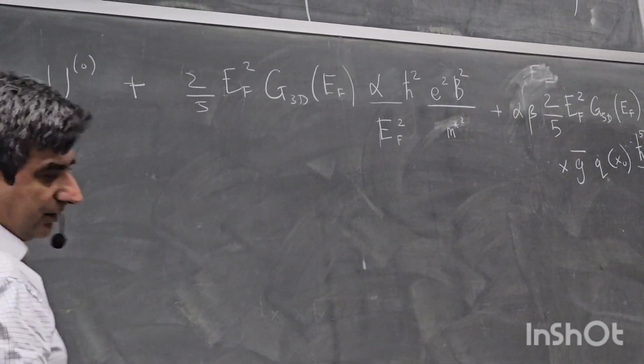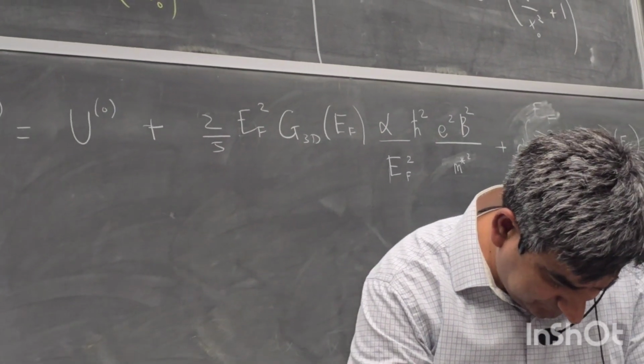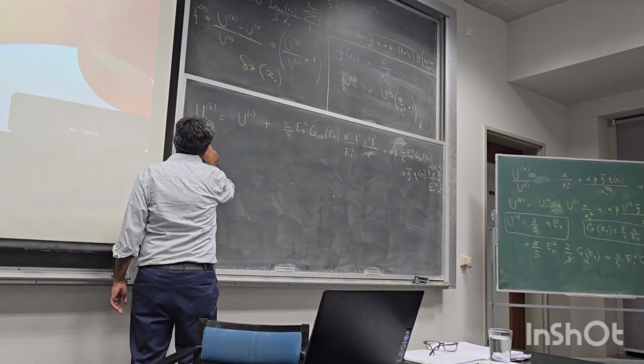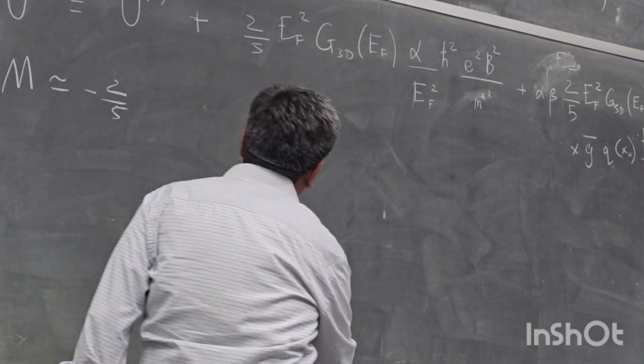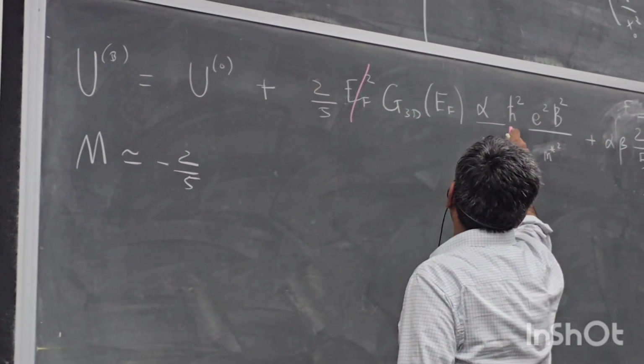Okay? Now what I need to do is, my M will be minus 2 by 5. This x naught squared just kind of goes away.